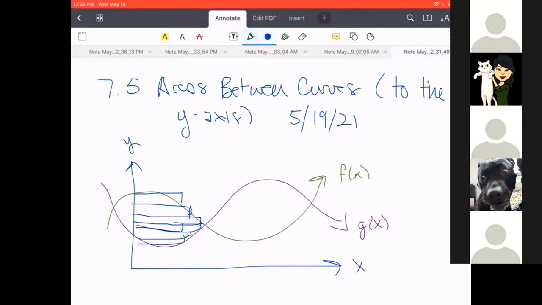So it's the same concept, except instead of finding vertical rectangles, today we're going to practice finding horizontal rectangles. Instead of going to the x-axis, we're going to go to the y-axis today. Okay. All right, that was just a little introduction of what we're doing.